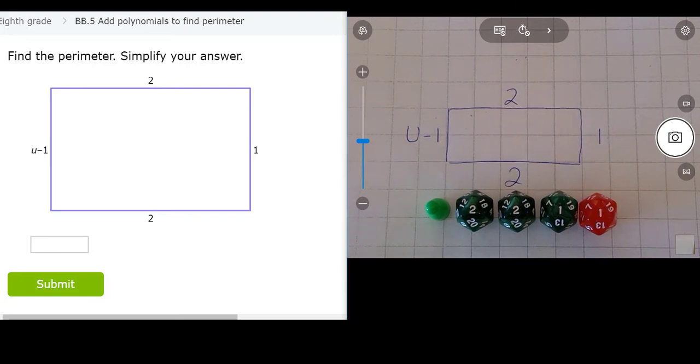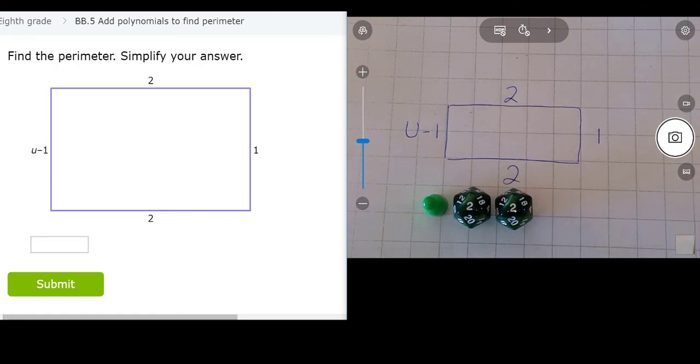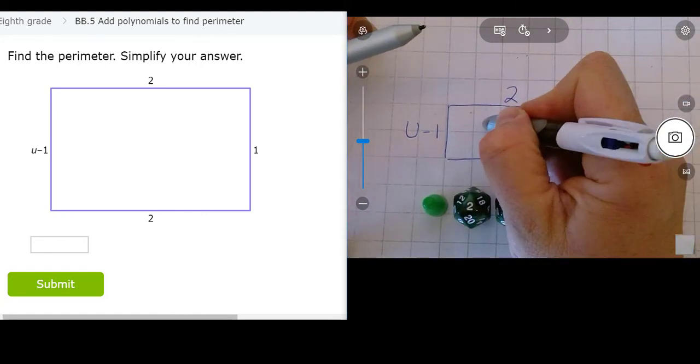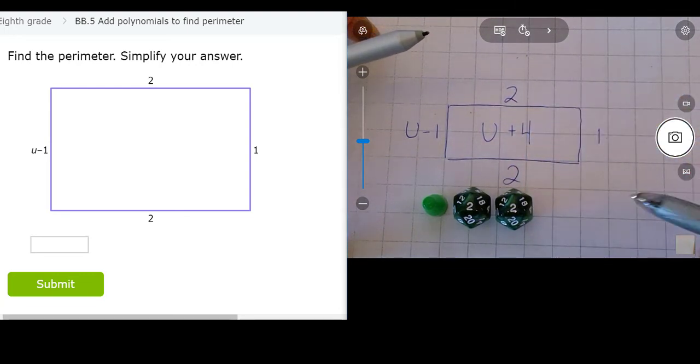Perfect opposites, but there's another phrase: additive inverses. What do additive inverses always create? They create 0. So I can take those away, and now it's a lot easier for me to figure out what's going to represent my perimeter. I have one single u, and we're combining that with the number 4.